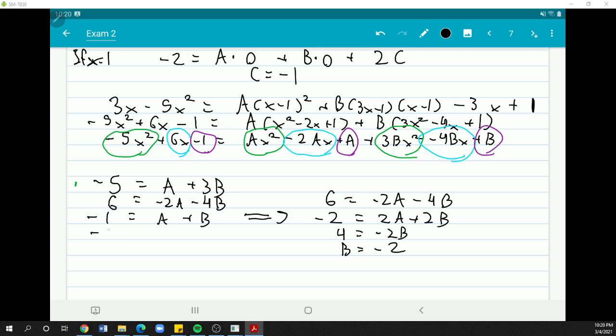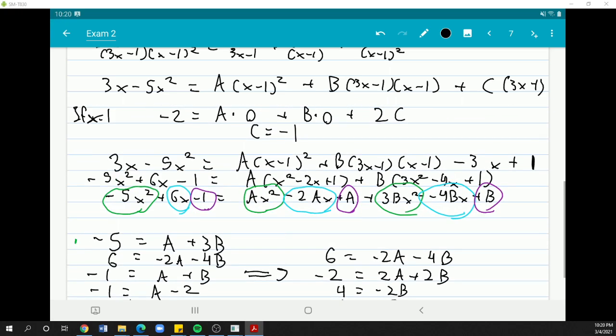Now look at this equation. Minus 1 equals a plus b, but b is actually minus 2, so a minus 2, or a is equal to 1. So we've done our partial fraction decomposition.